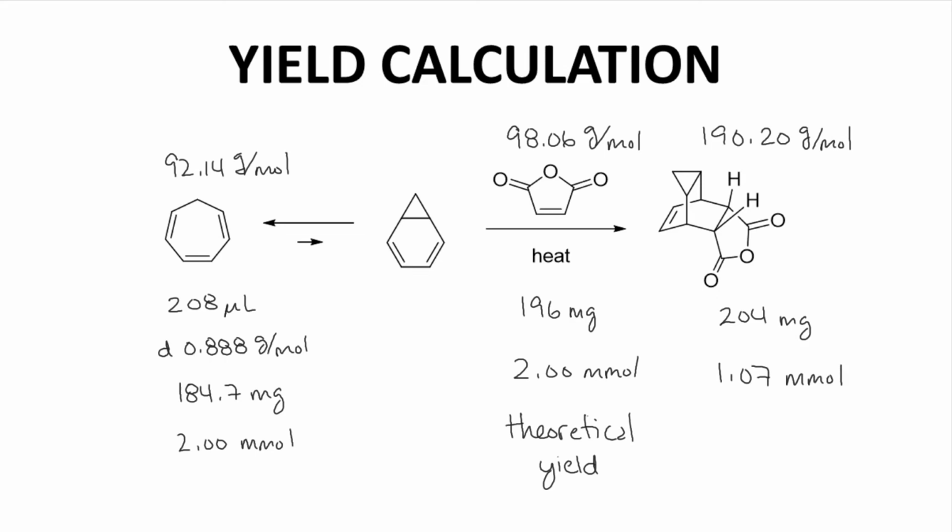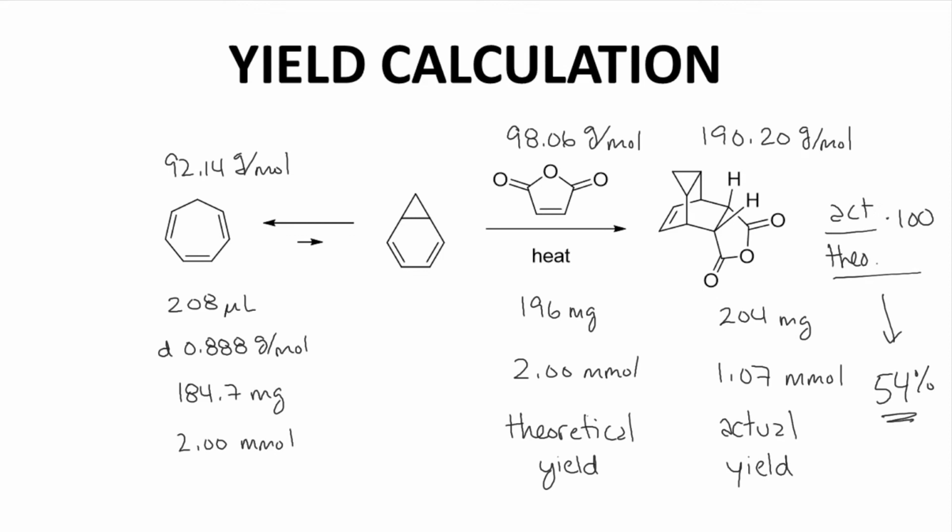That is our actual yield in millimoles. So our yield is actual over theoretical times 100 to give a 54% yield.